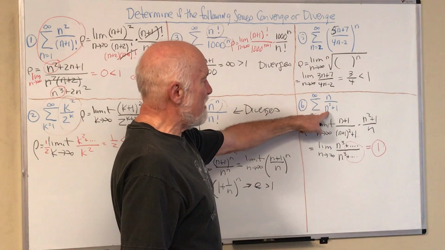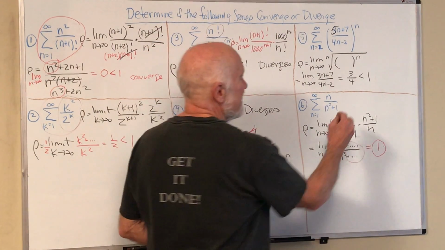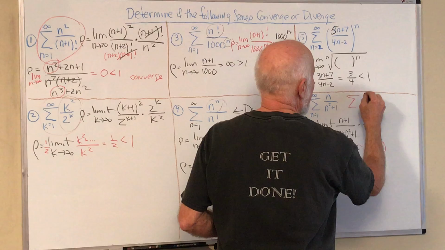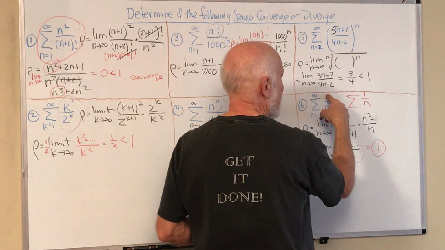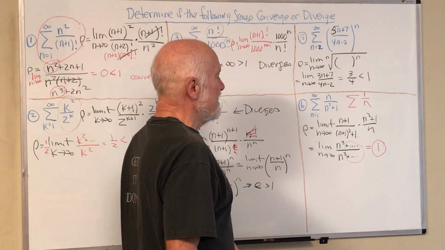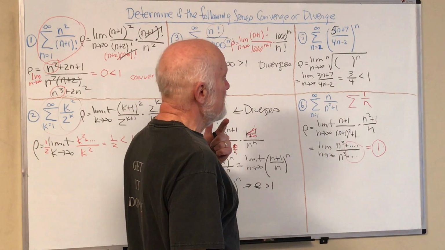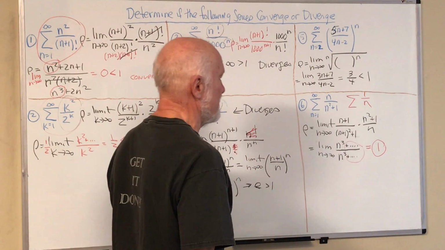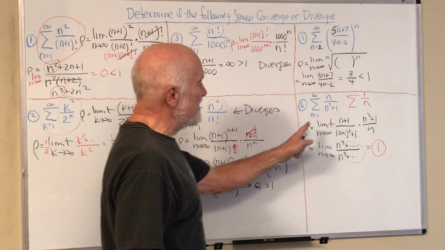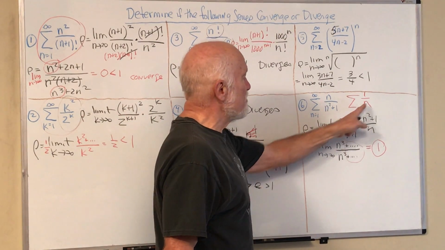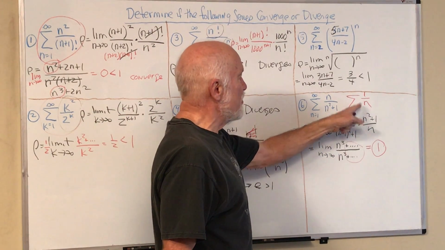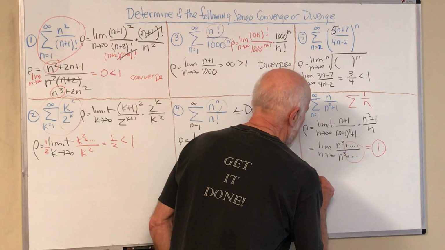This one you should have looked at right away and said, that looks a lot like 1 over n, because you have n over n squared. And you would have done this with the comparison test or the limit comparison test. In this case, since these terms are smaller than something that diverges, we'd have to use the limit comparison test.